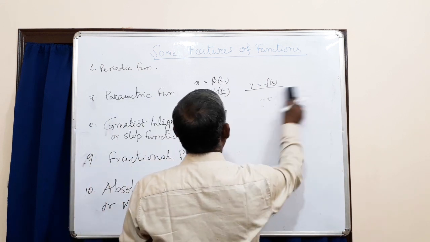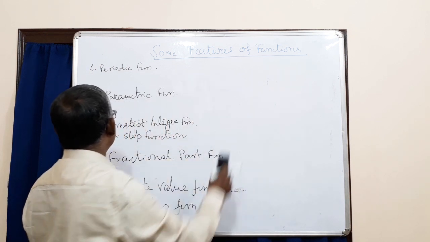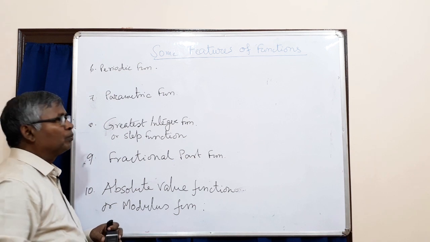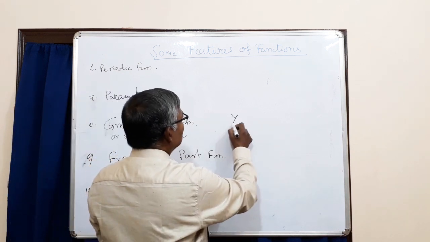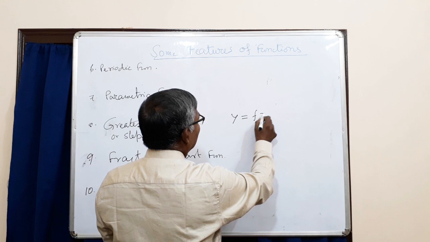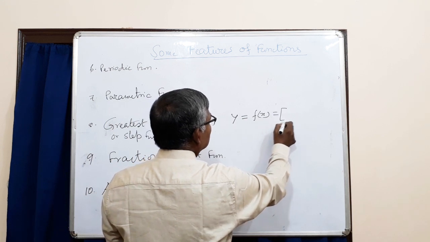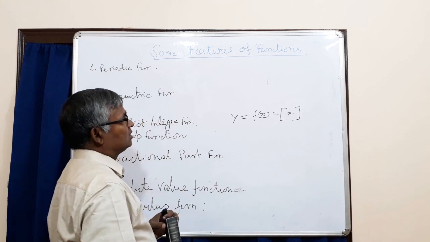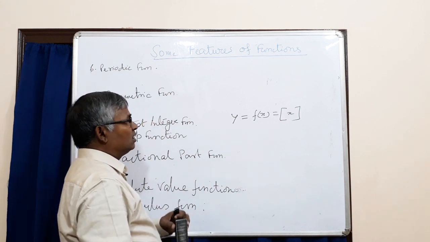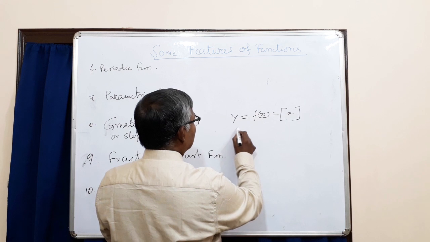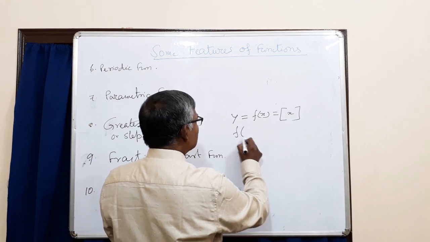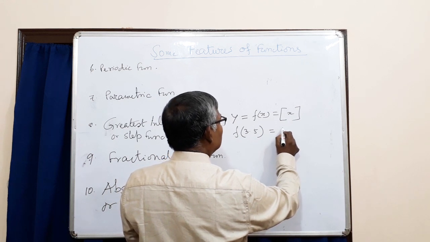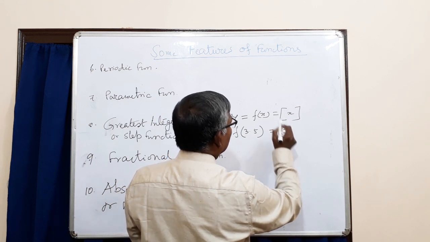Now see another function, the greatest integer function or step function. It is defined as y equals f x equals the bracket of x. Suppose f x equals 3.5, that means 3.